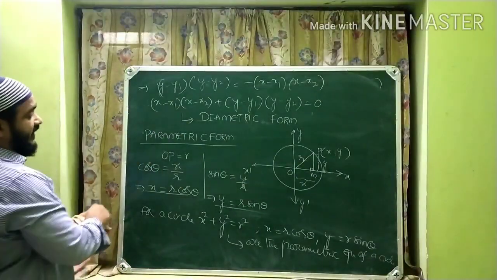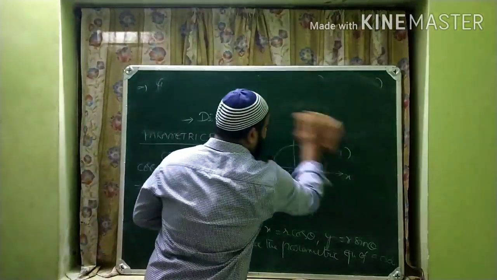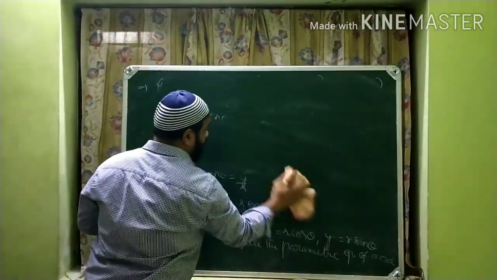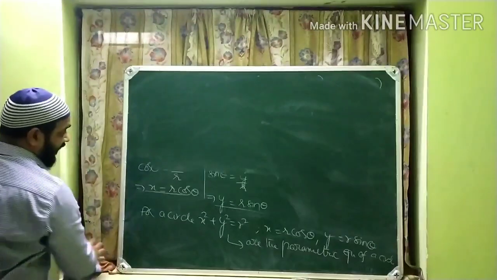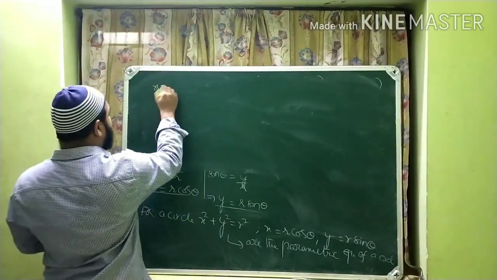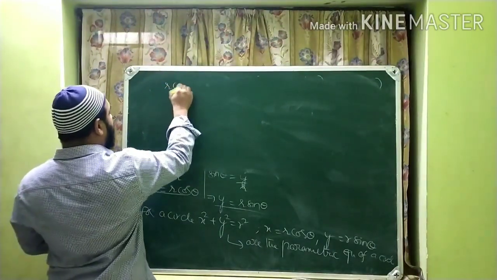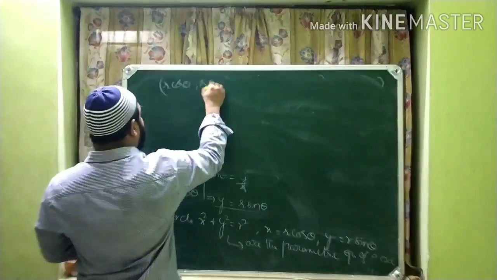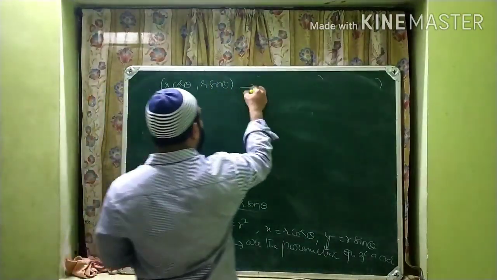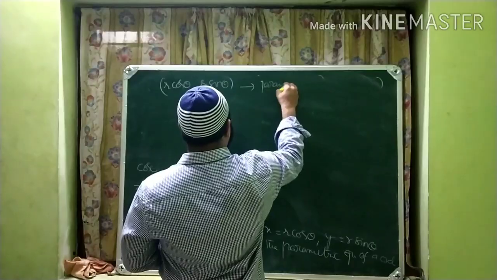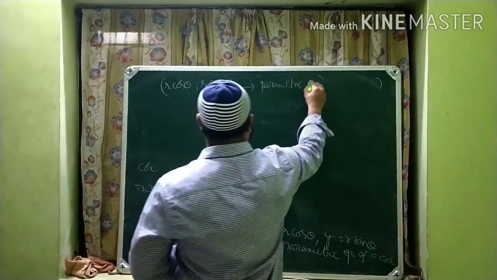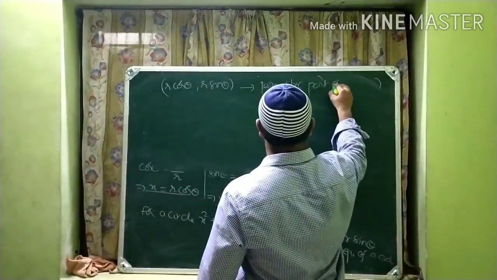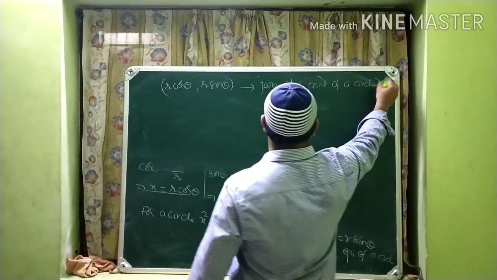Okay, likewise, (r cos theta, r sin theta) is called the parametric point of a circle.